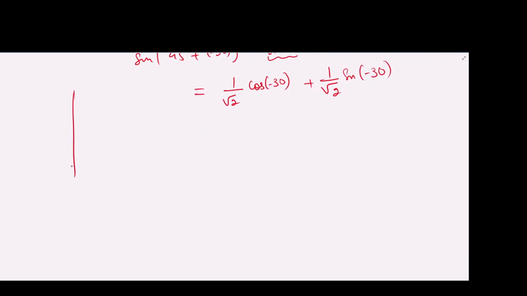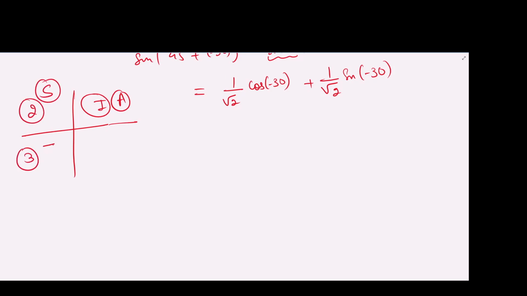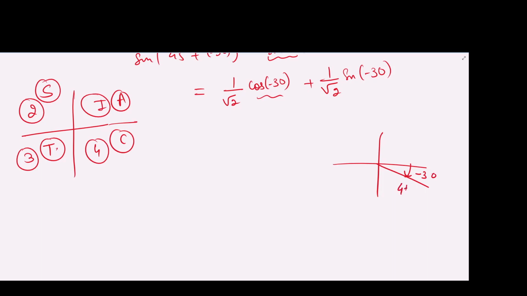Again we plot the Cartesian system, and we know in the first quadrant all trigonometric functions are positive, in the second only sine is positive, in the third tan is positive, and in the fourth cosine is positive. So cos of minus 30: minus 30 will be plotted like this, so this is the fourth quadrant. In the fourth quadrant cos is positive.